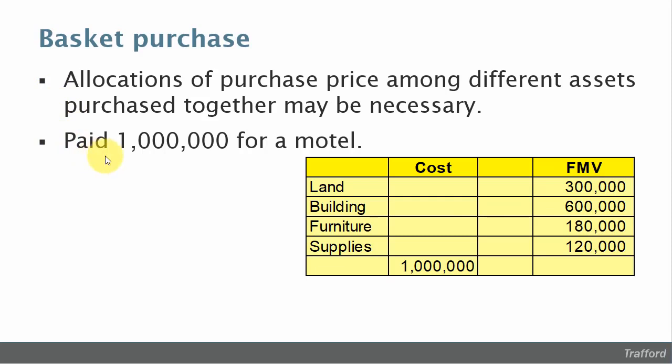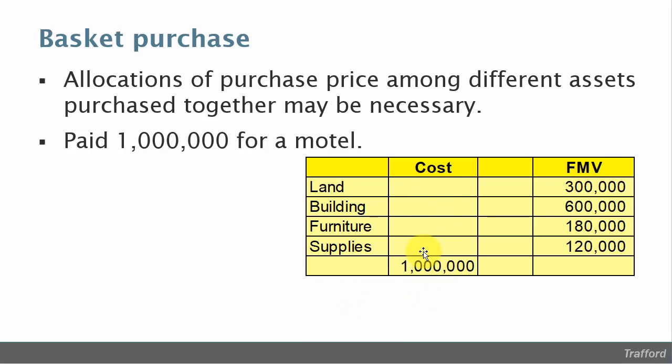They're getting lots of different types of assets. They're probably getting some land and a building. It's probable that inside that motel is some furniture, and there's probably some miscellaneous supplies that come along for the deal as well. Well, how would we allocate this $1 million cost among these various types of assets?